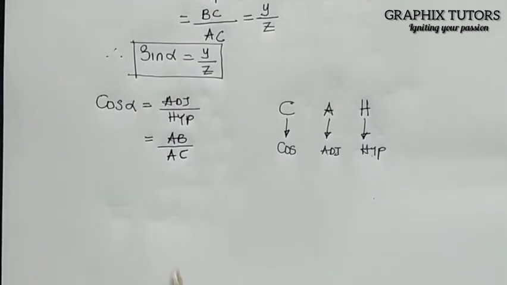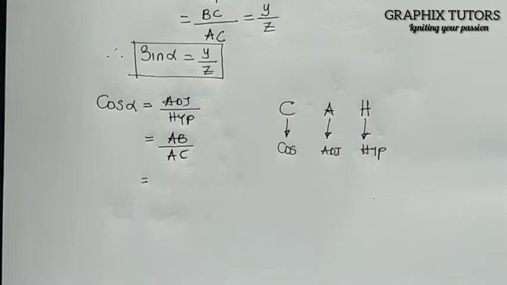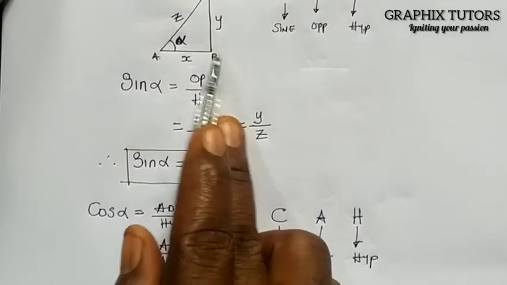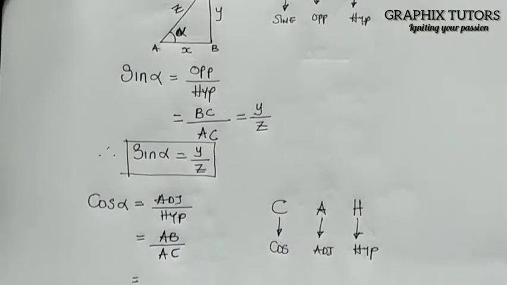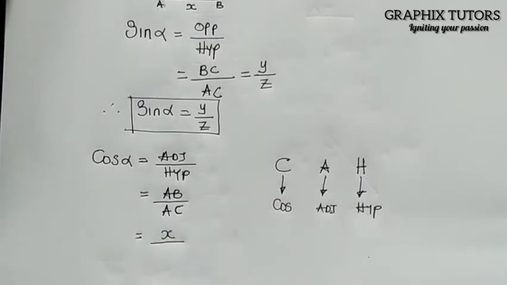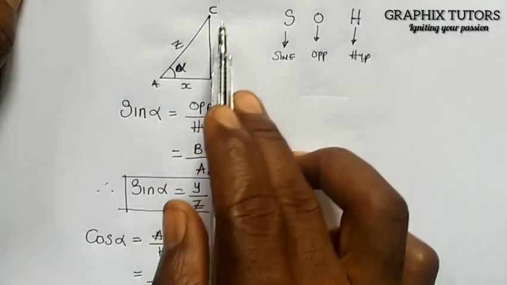So from here, my AB is giving us X. As you can see, AB is X. So I'm going to put it there as X, all over AC. AC is Z. AC is what?